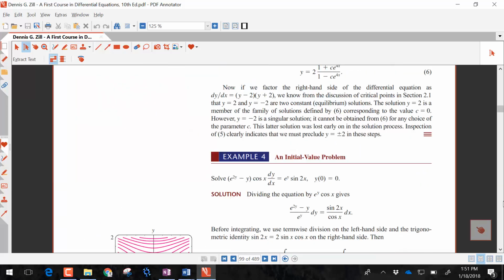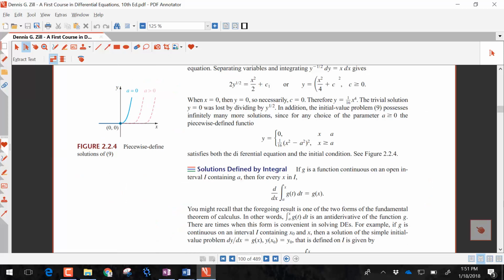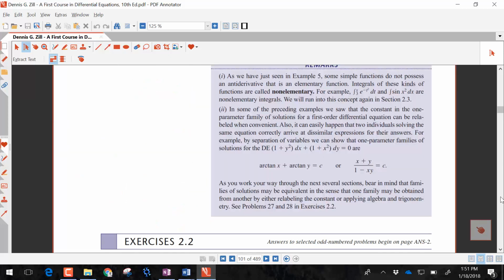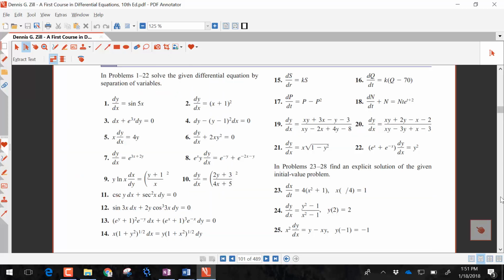Separable. Ah, look at that. Pick a number between 1 and 25.